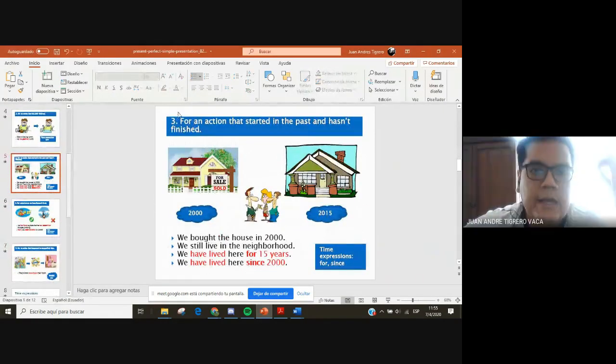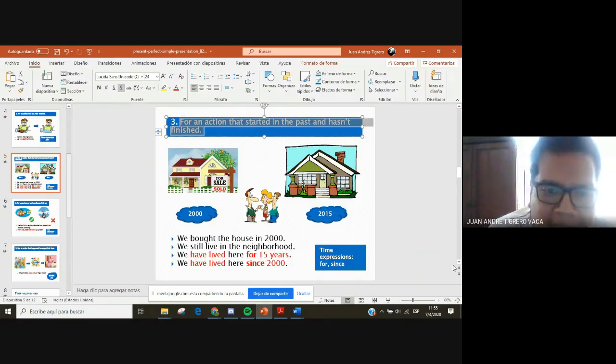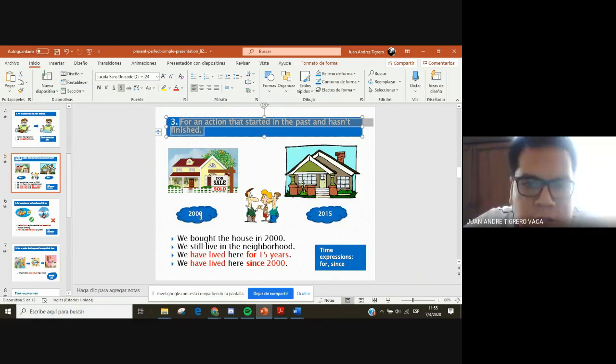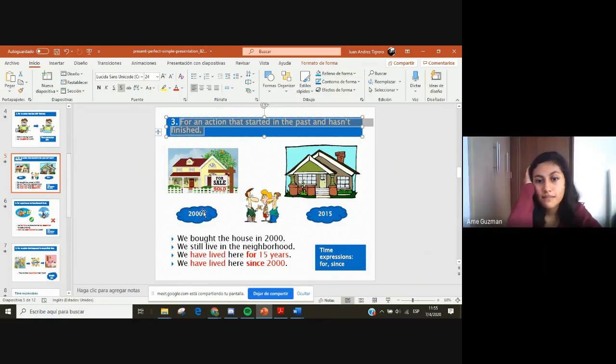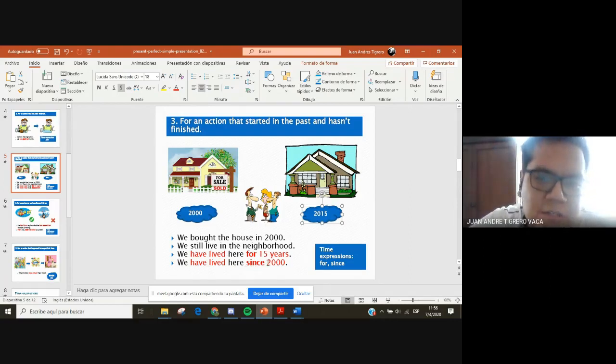You see, this is another use for an action that started in the past that hasn't finished. So we can say we have lived here for 15 years. Like you see in this house, they just bought the house in 2000, and in 2015 they're still living there. Okay, or we have lived here since 2000.